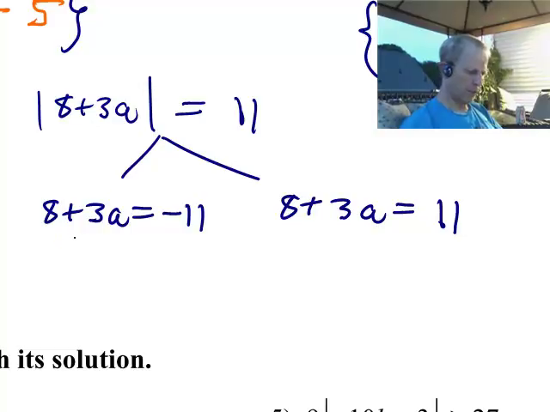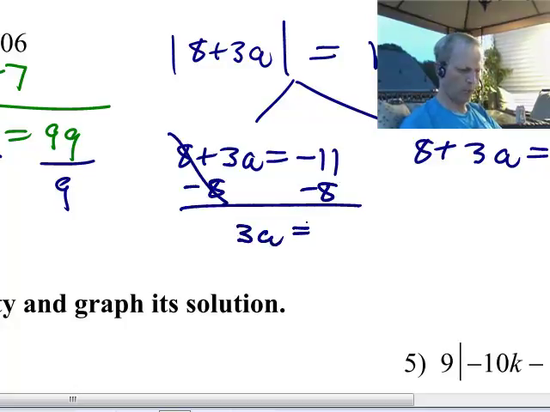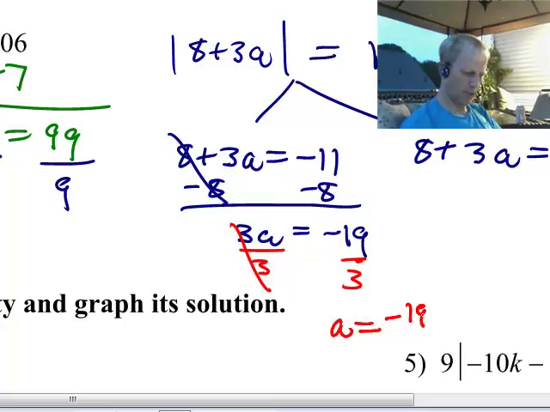Then I just need to solve each of them. So subtract 8 gives me 3a equals -19. Divide by 3. That gives me a equals -19 over 3.